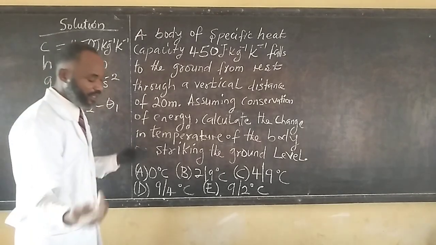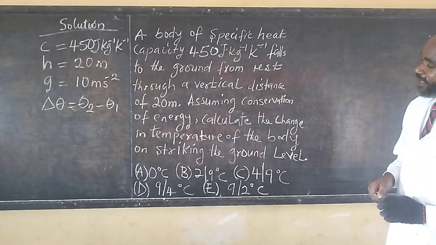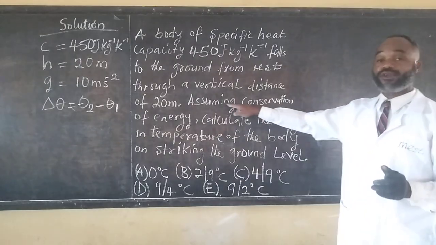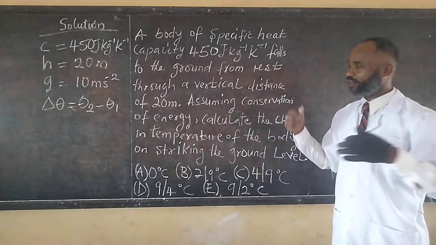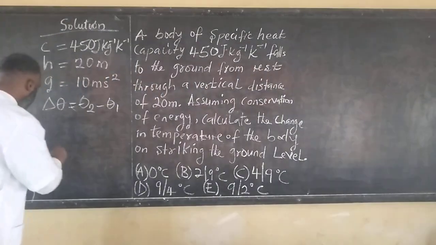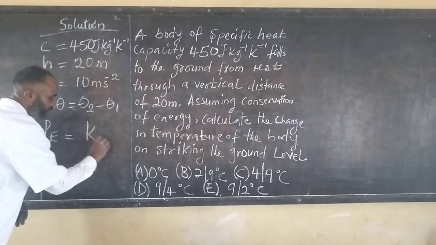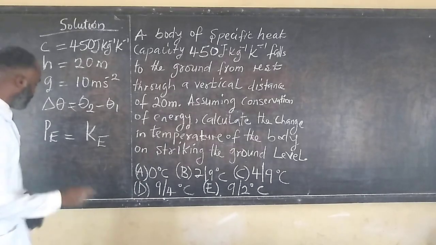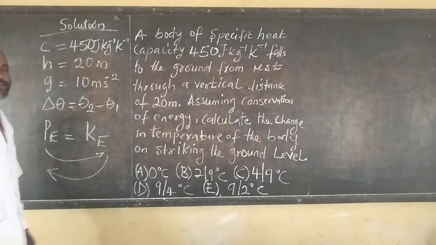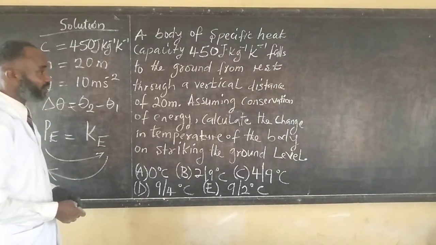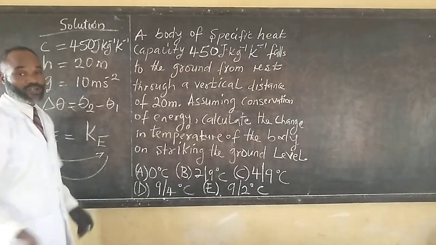To solve it, we must assume conservation of energy, whereby potential energy, PE, can be converted to kinetic energy, KE, and vice versa. So let's see how we can convert from potential to kinetic, or from kinetic to potential, to solve this.